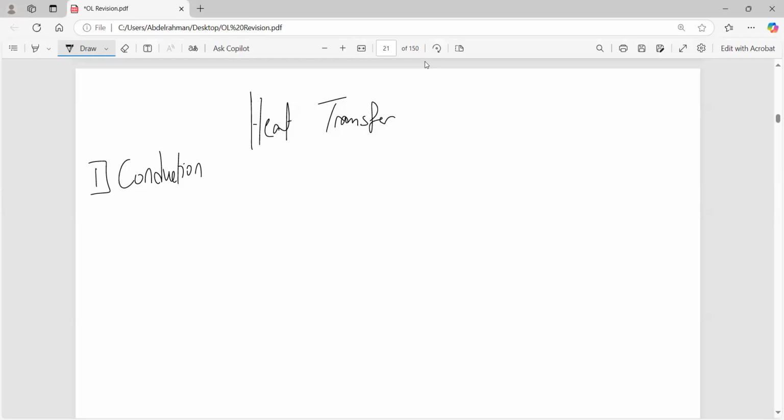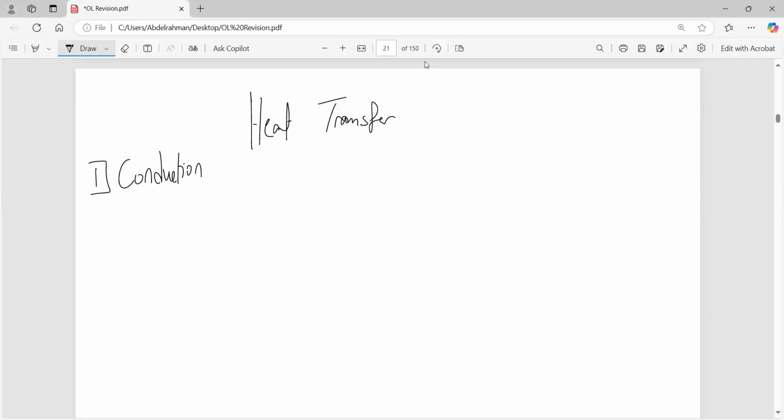Due to the vibrations between the molecules, we always transfer the heat from the high temperature, whenever the kinetic energy is more, to the lower temperature or to the lower kinetic energy.